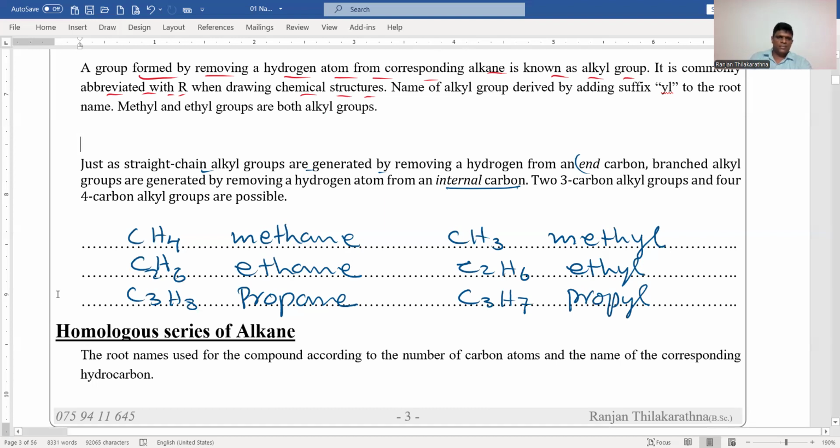Like that. Then you may write down those. This is the alkane, and these are the alkyl groups.